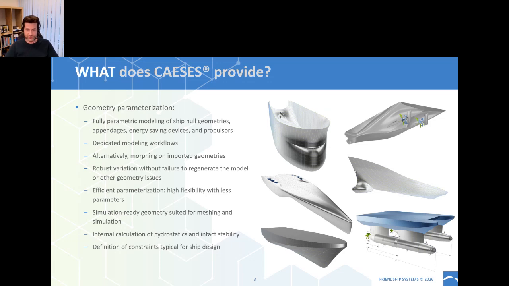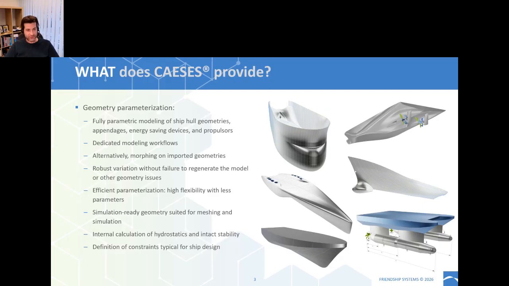For example, for ship hull, things like foreship, aft ship, bulb, skeg in different variations that are pre-configured as parametric models, but again, everything can also be modified by the user and adjusted to their needs, and also created completely from scratch.